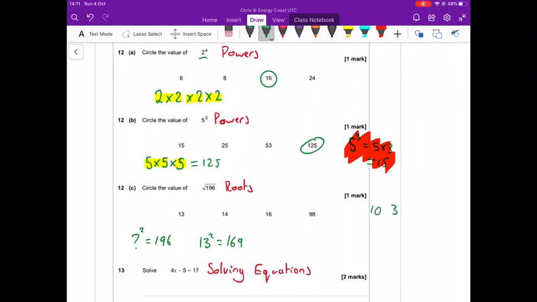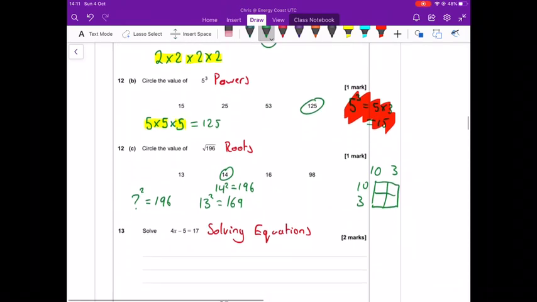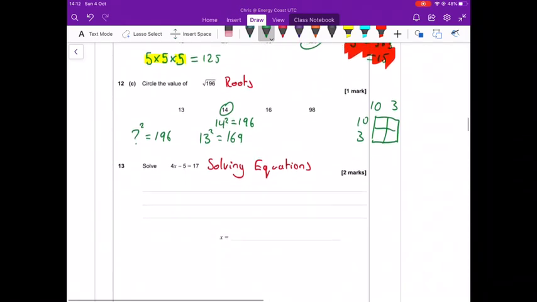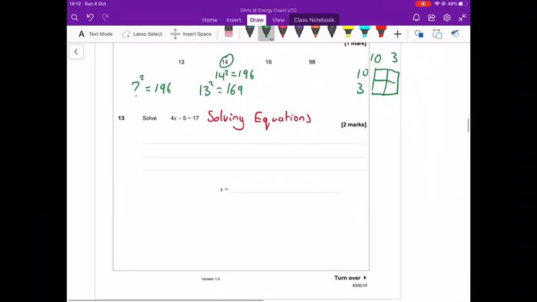But again, I could set this out like 13 times 13. I could fill that out and add them all up and it would give you 169. If you do that with all of them, you get that 14 squared is equal to 196, which is what we wanted. So my answer is 14, okay? If you just work your way left to right until you get which one you need, but it is 14, just trust me on that one, okay?